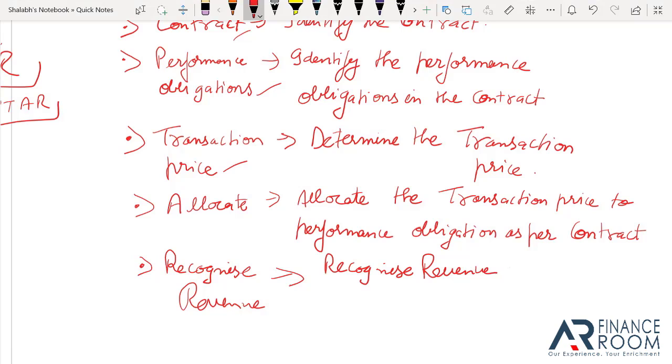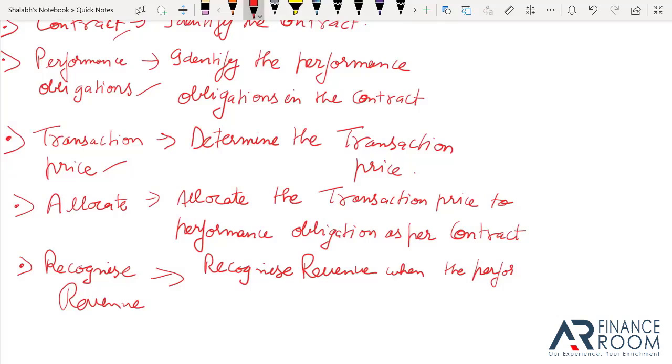Even being a faculty, even being a trainer, it's not mugging up, it's learning. When do you recognize revenue? When the performance obligation gets satisfied. Now the words are not the same. When the performance obligation is satisfied.